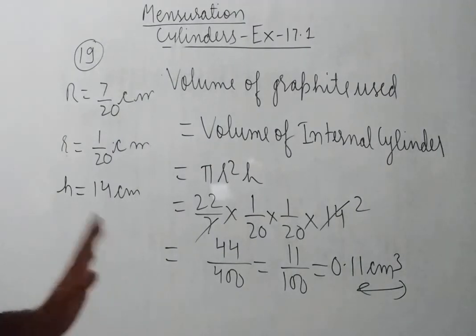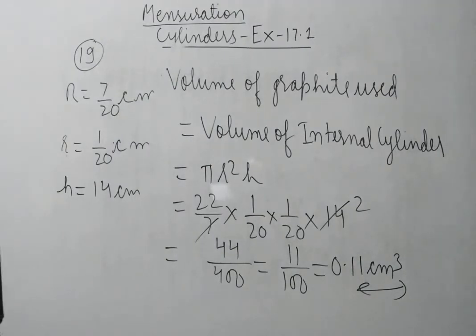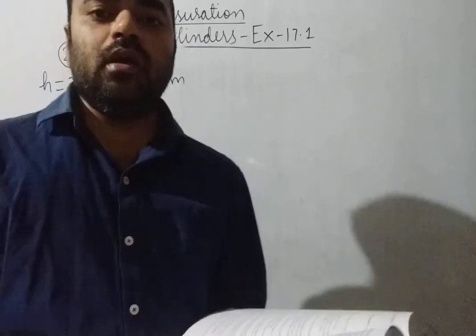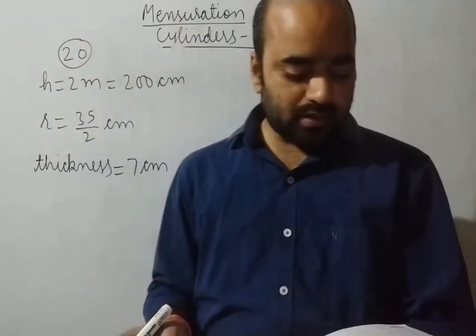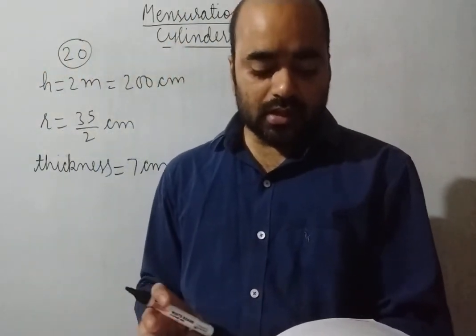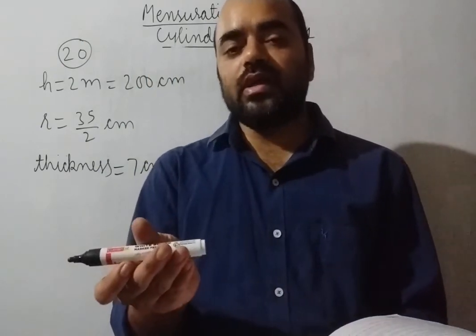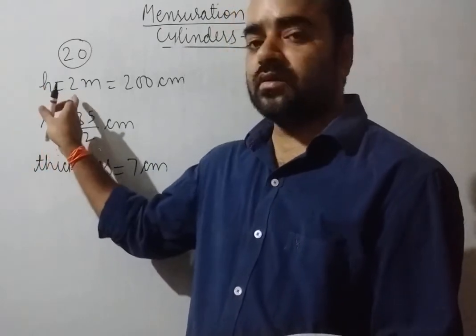So next, last question. Question number 20. Cylindrical roller made of iron is 2 meter long. Roller 2 meter long means height is 2 meter.